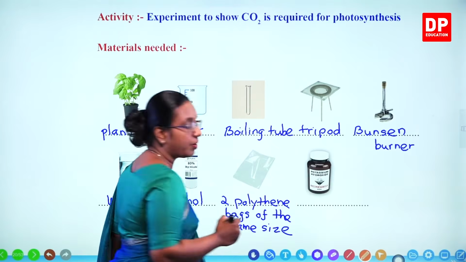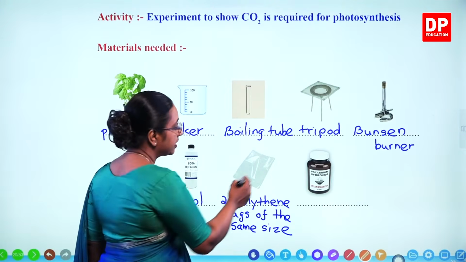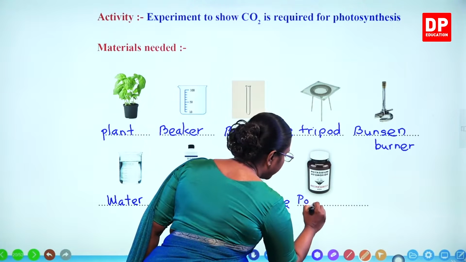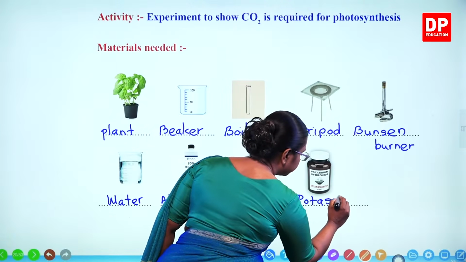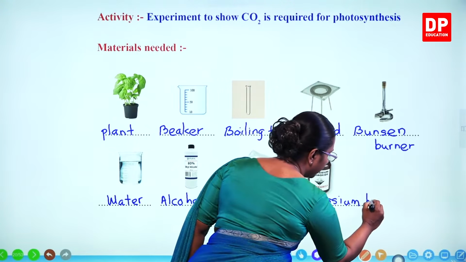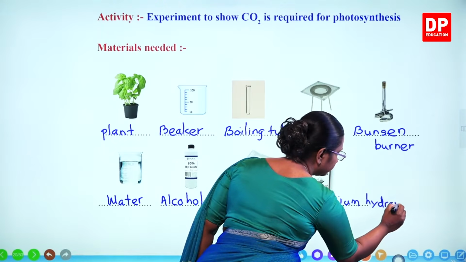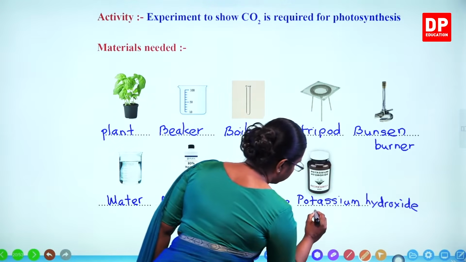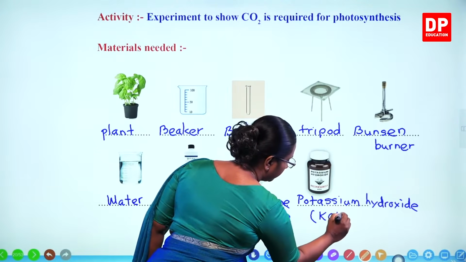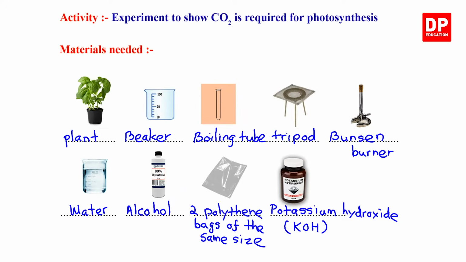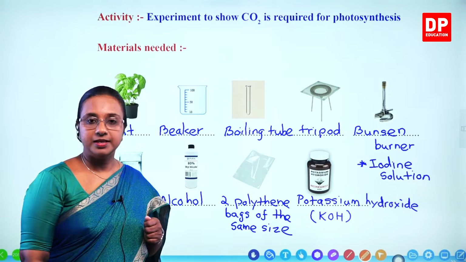And this is an important chemical substance. We need potassium hydroxide, that is KOH, and also we need iodine solution. So those are the substances we need.